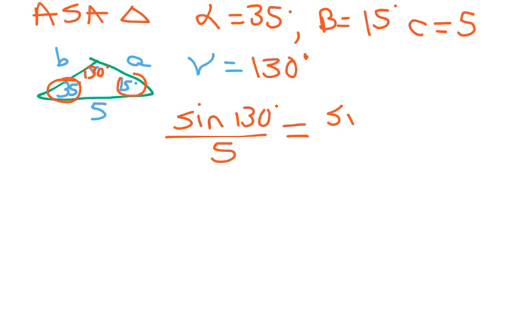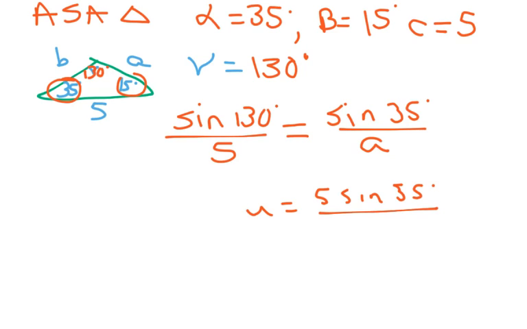So we have sine of 35 over A, and we're going to cross multiply again. So A equals 5 times sine of 35 over sine of 130. Be careful here also when you do this.